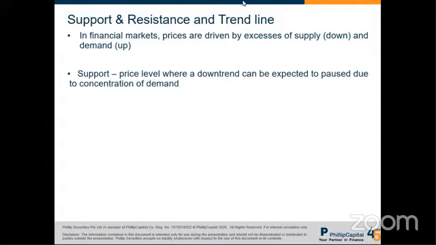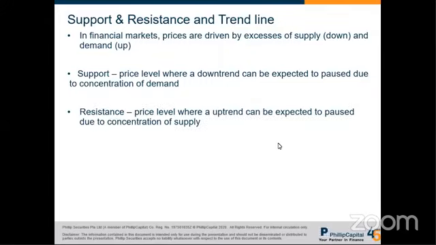Support level is where buyers are expected to be waiting to buy in, and what people usually use is limit orders. Later we'll also talk about these different types of orders, because I think in our previous webinar we didn't really talk about orders, and some of you were quite confused about the order types.